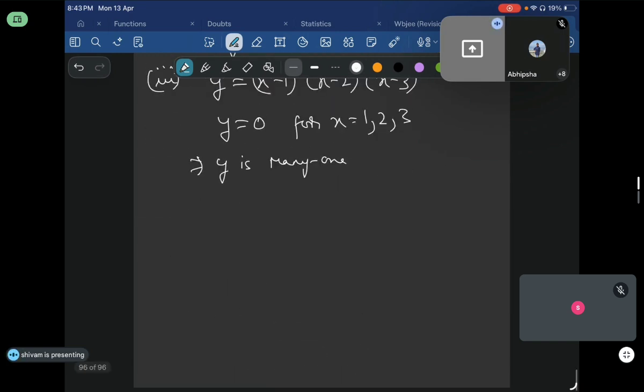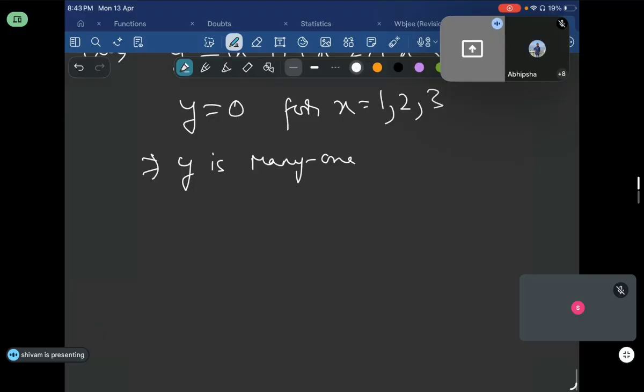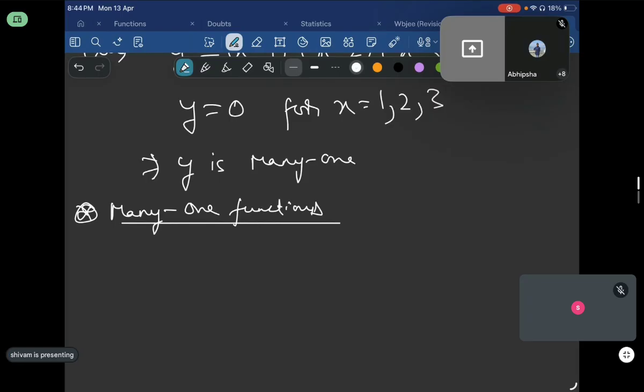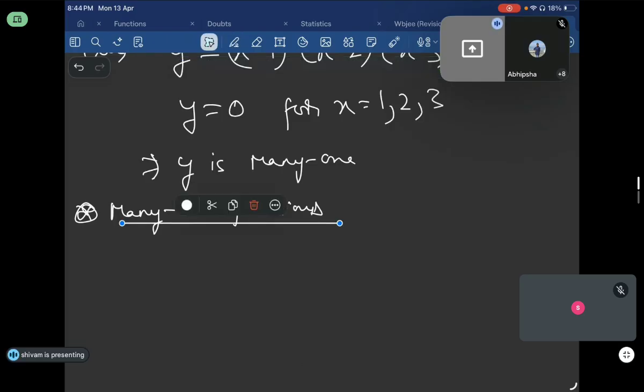Okay. Next, one last thing I'm going to discuss today, that is many one functions. Tomorrow again I'll be continuing with functions from 9 o'clock. Many one functions, that is, not injective.